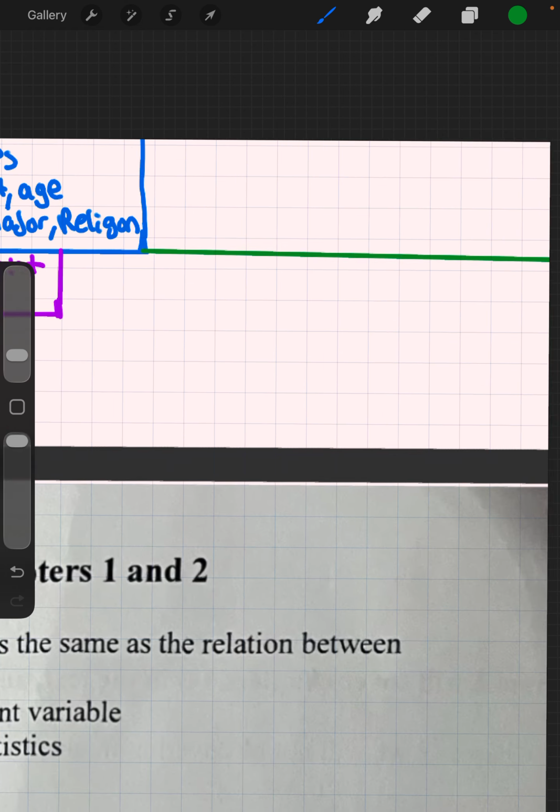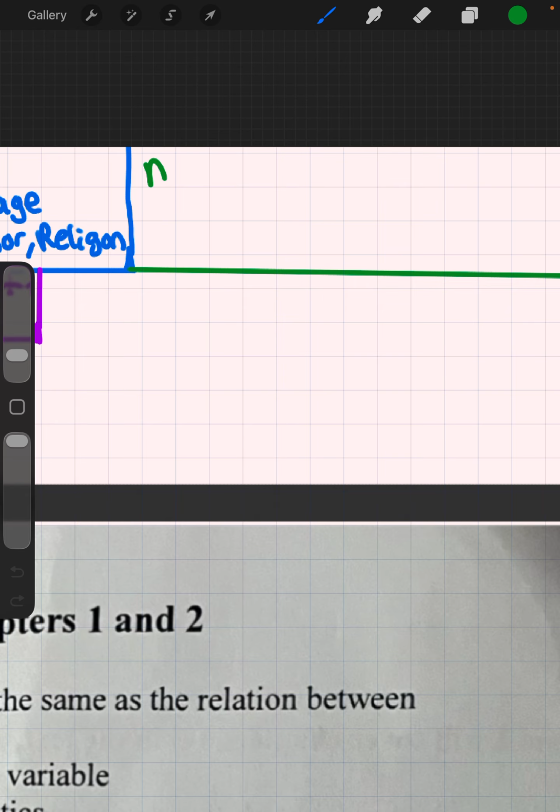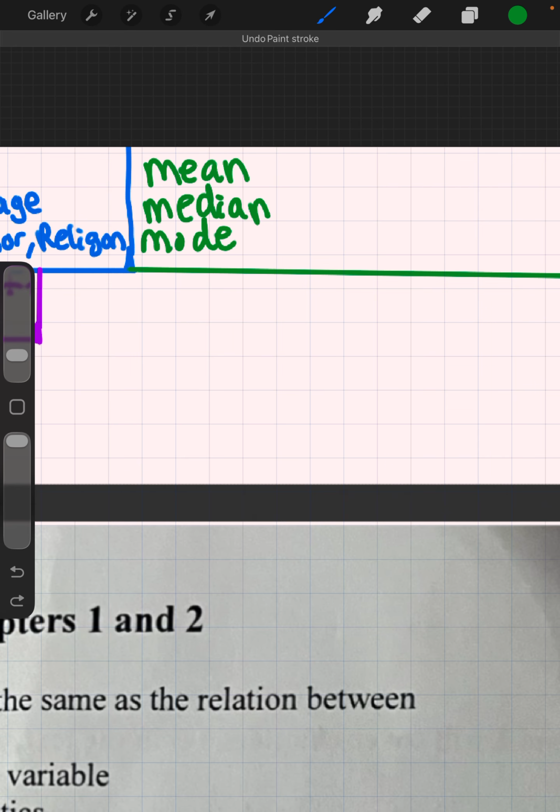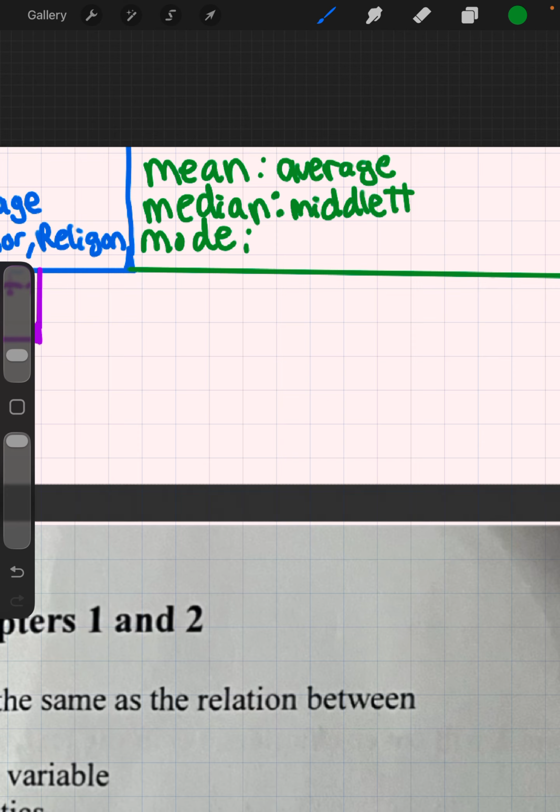So we have mean, median, and mode. The mean is the average. The median is the middle number.